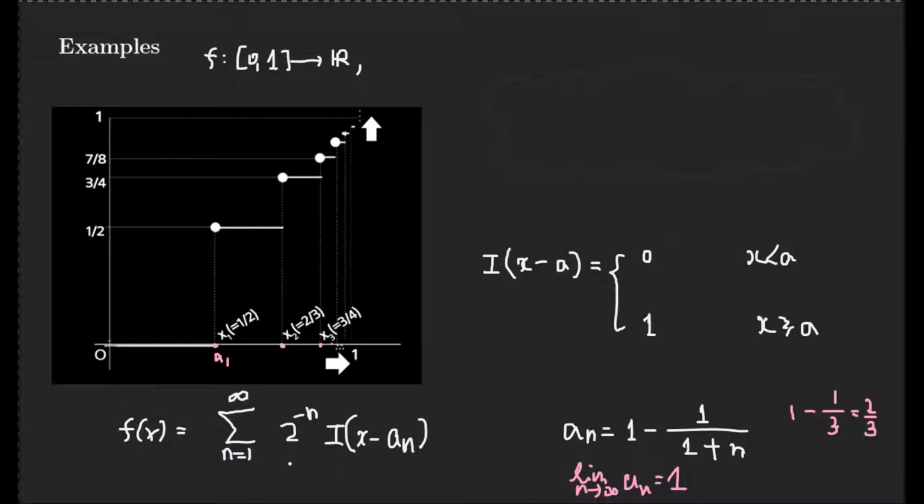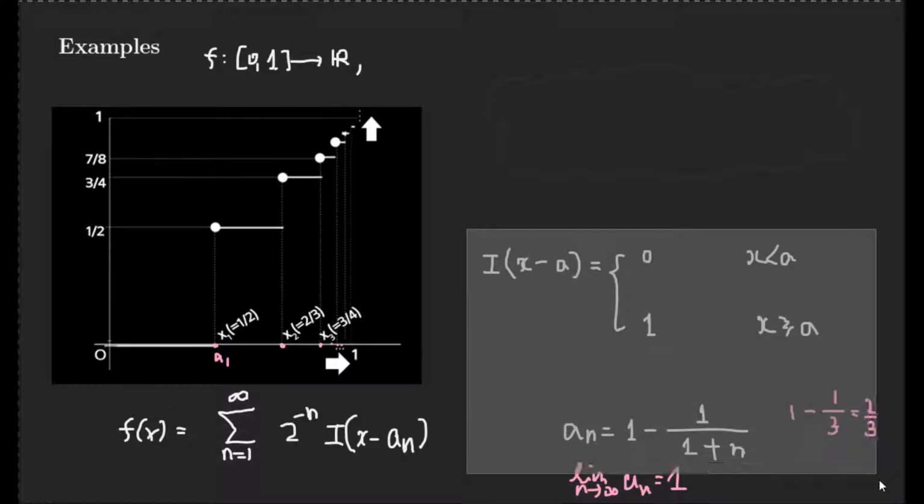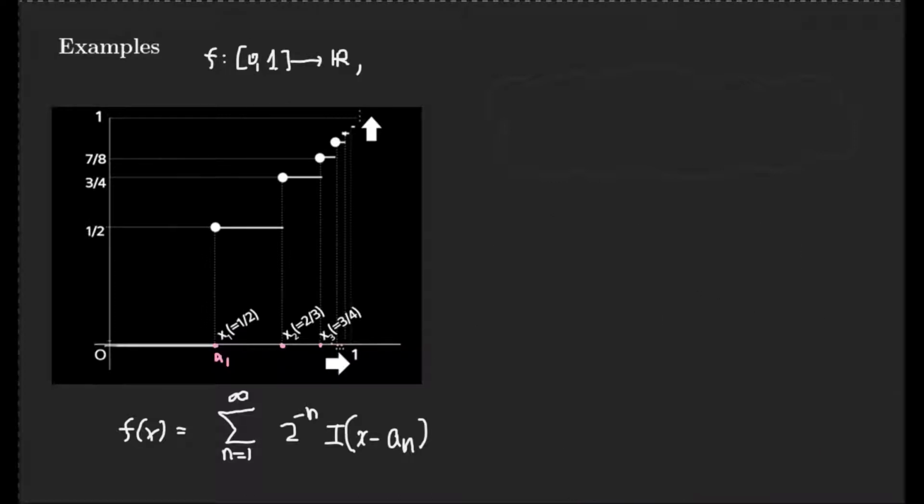So given the domain, if we define the function, this is the graph. Let's check this case. Of course, a_n is 1 minus 1 over 1 plus n, and I(x minus a_n) is the piecewise function, as I already said.